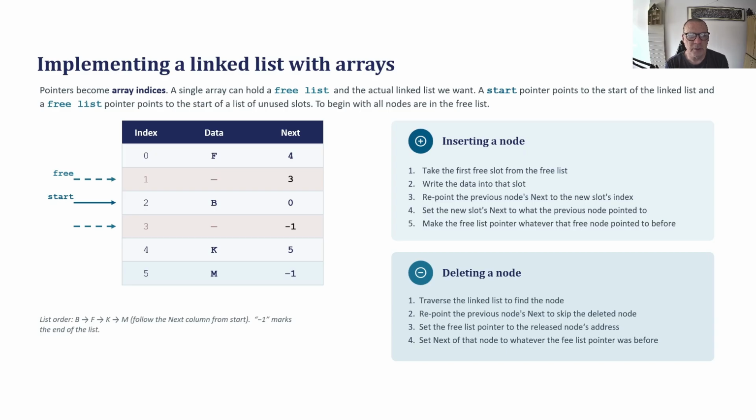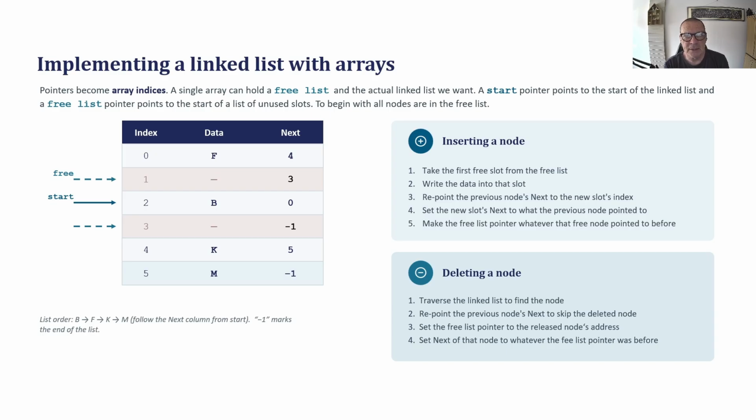The first pointer is a free list pointer, and that points at the first one that's not being used. At the very beginning of this process, the free pointer would start at index 0, and every single node would be empty. So every single node would just point to the next node, they'd all be in a free list, and the last node would have a next pointer of -1.